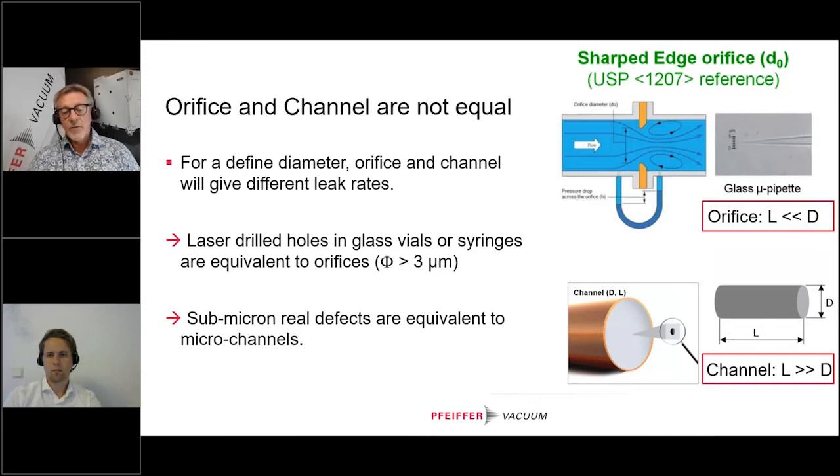And of course, this will affect the leak rate or the flow going through these defects. Laser drilled holes in glass vials or syringes are equivalent to orifices if the diameter of the hole is larger than 3 microns. On the other side, submicron real defects are equivalent to microchannels.